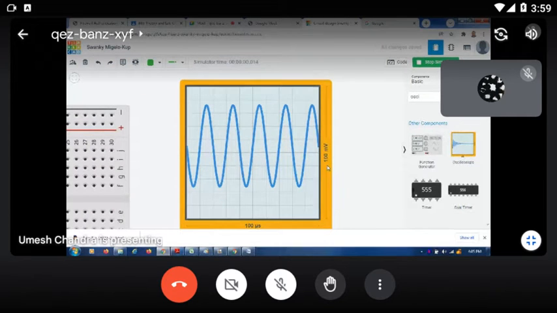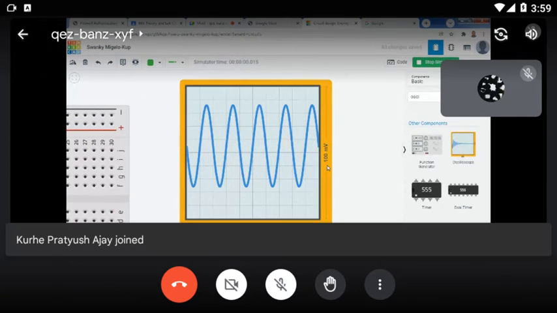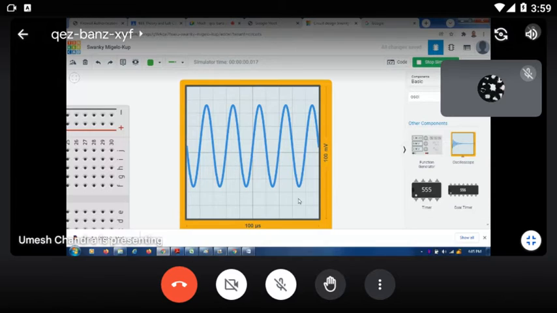Here is 100 millivolt. In the 100 millivolt, each block is 1 volt. 10 millivolt. Each block is 10 millivolt. Then how much voltage? Suppose you consider half.